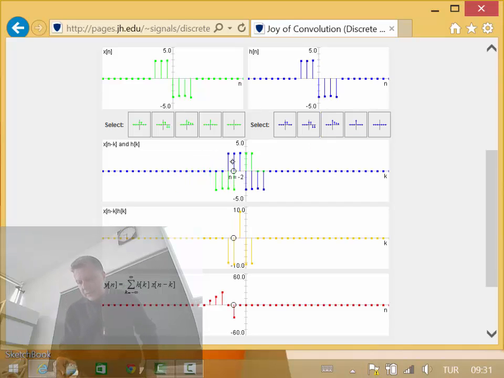Something like this. Now, this one is the exact opposite of the previous. So the blue and the green are just the opposites of each other, and their multiplications will give you a lot of negative numbers. And those negative numbers, as you see in the red figure, will provide you with a negative peak.